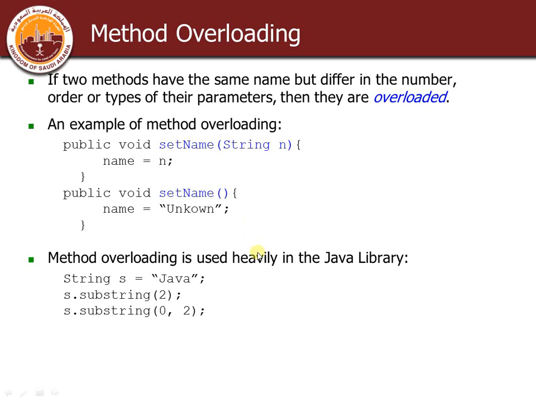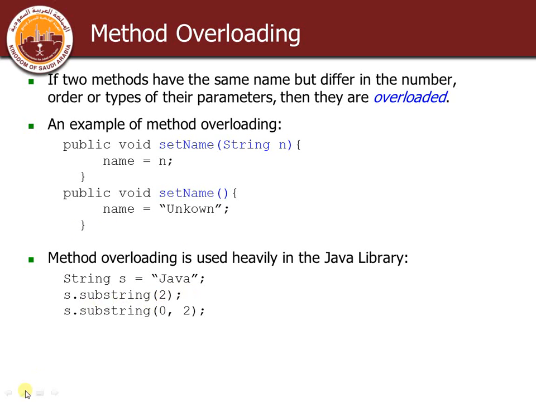Do you have an idea which one I'm talking about? Do you remember I've been using an overloaded method? Which one? Index? No, index is just the name of a variable. Which one? Substring? What do you mean?